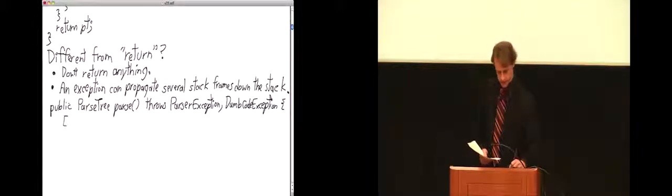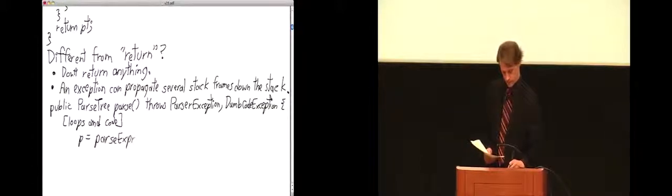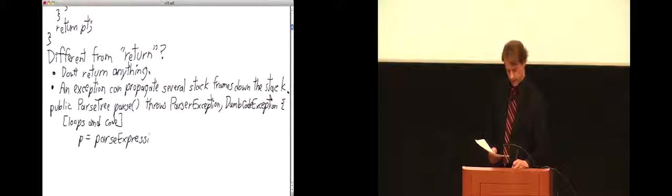So in this method, again, this might be really complicated nested loops and complicated code, and somewhere deep inside those nested loops, we have a call to the parse expression method.